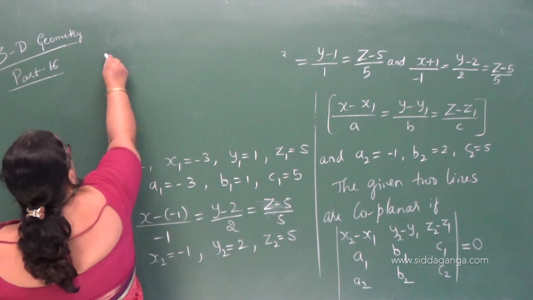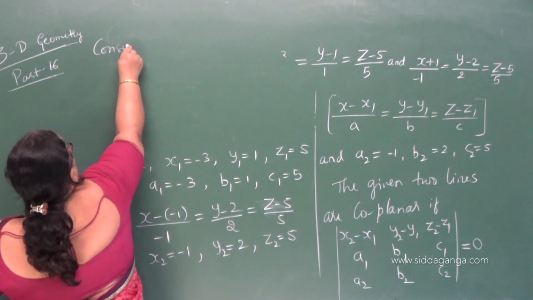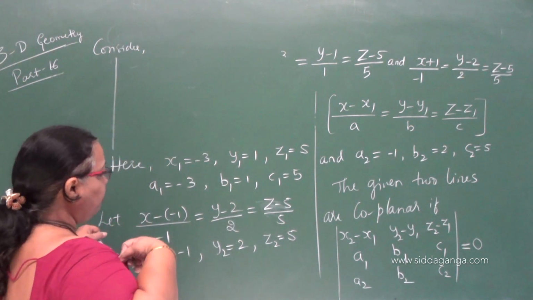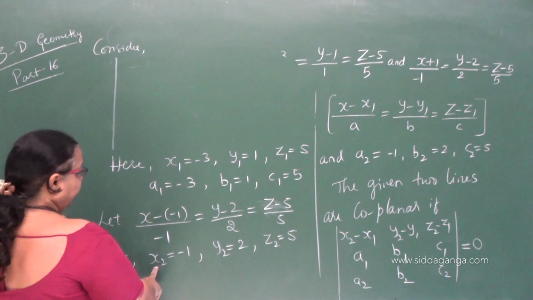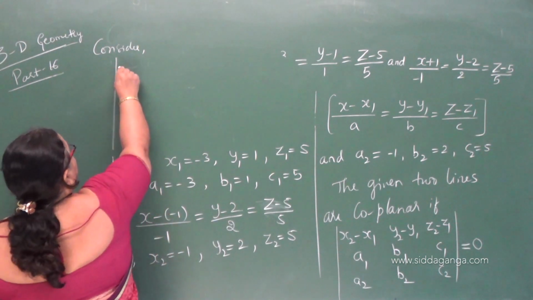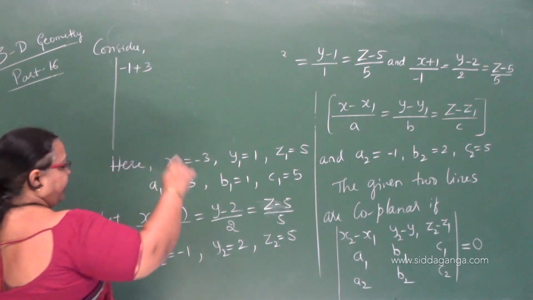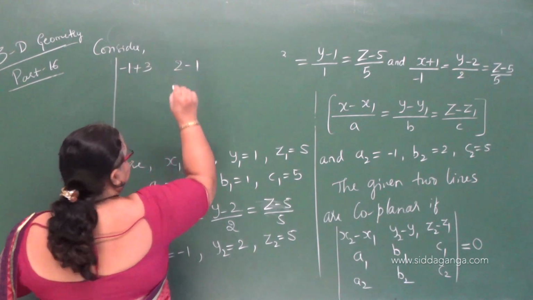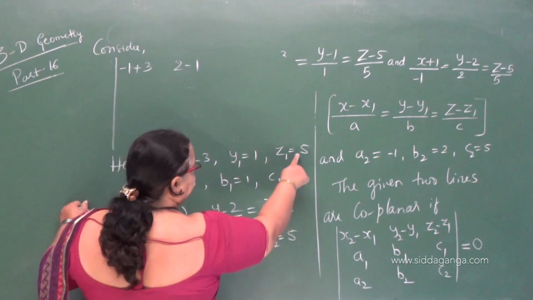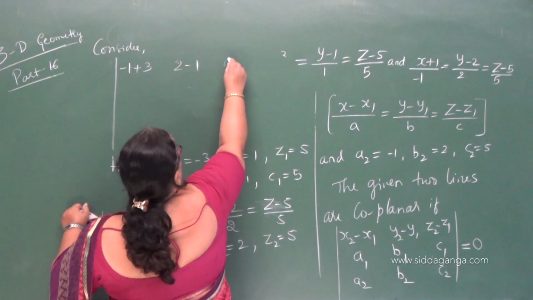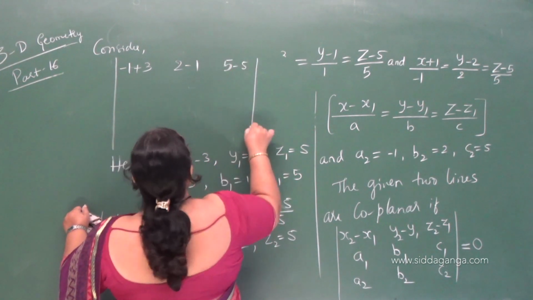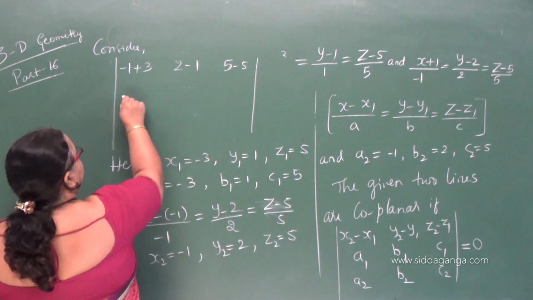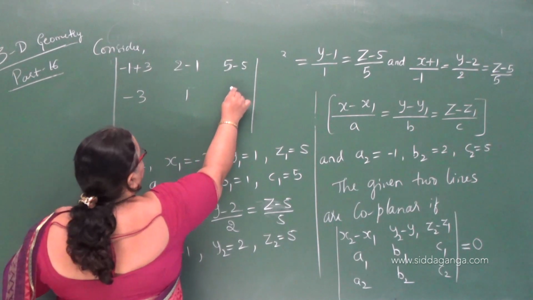Now consider the determinant. x2 minus x1: x2 is minus 1, minus into minus plus 3, so 2. y2 minus y1 is 2 minus 1, that is 1. z2 minus z1 is 5 minus 5, that is 0. Next a1 b1 c1 is minus 3, 1, 5.